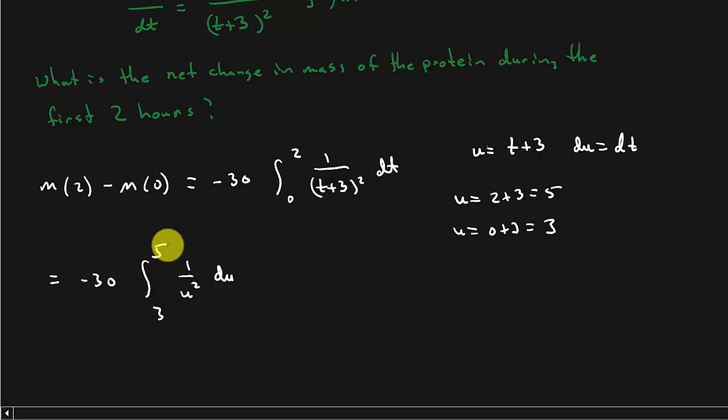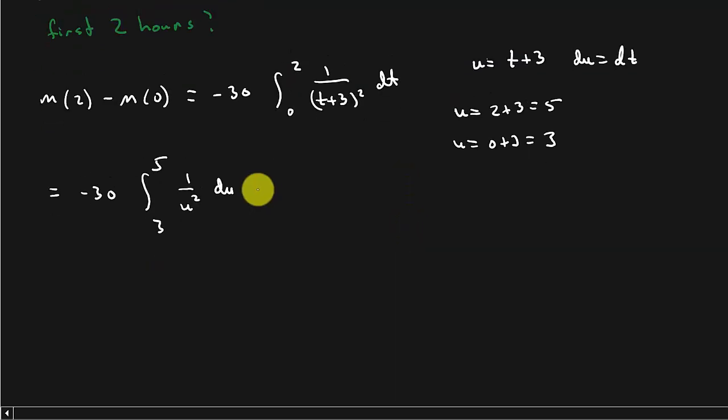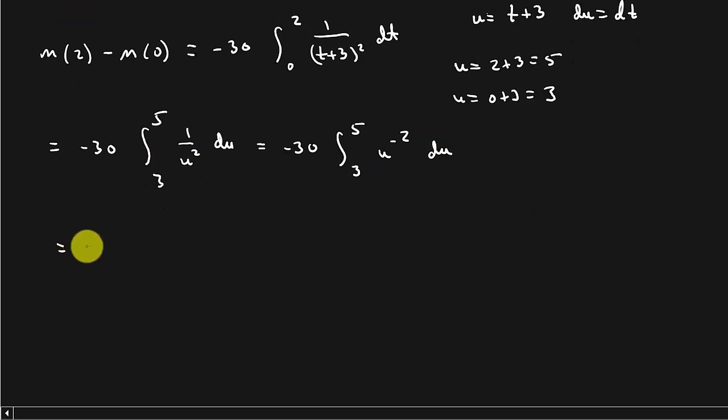Now remember, to integrate this, it's going to be -30 times the integral from 3 to 5 of u to the -2 du. I'm just moving that up. I can use the power rule now. That's u to the -1 multiplied by the reciprocal of -1, which is just -1, going from 3 to 5.